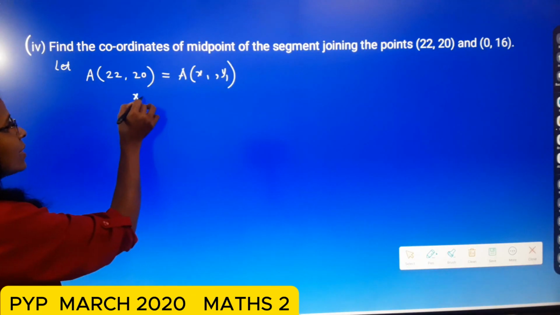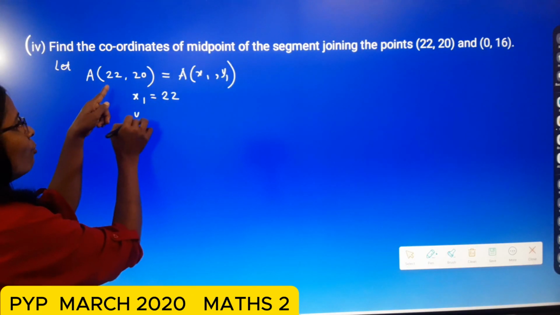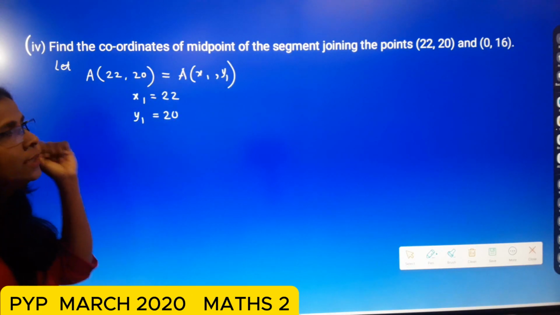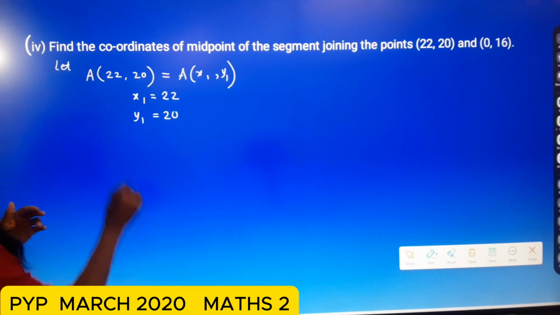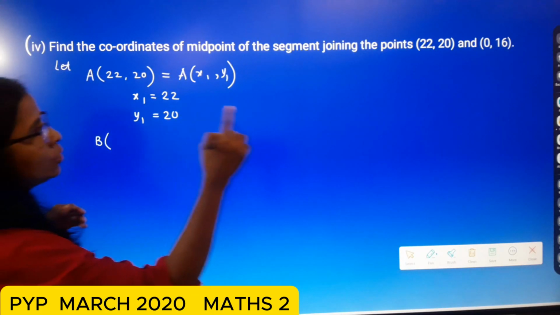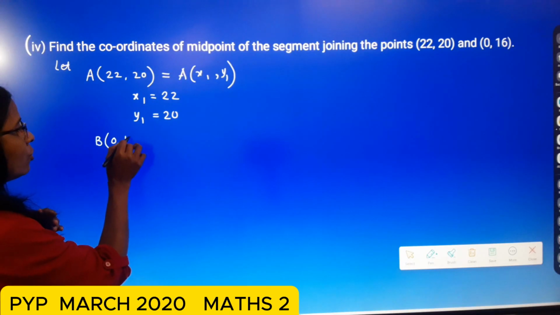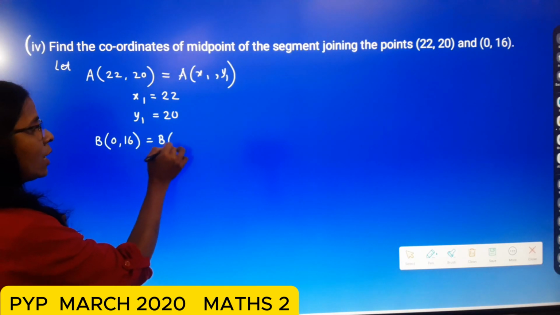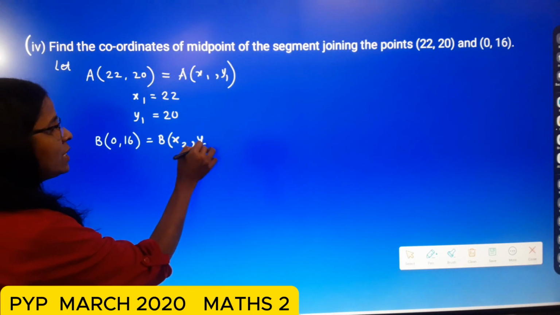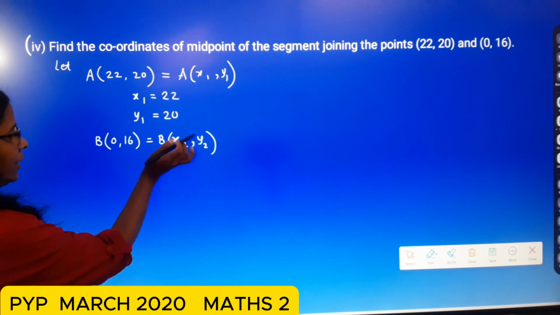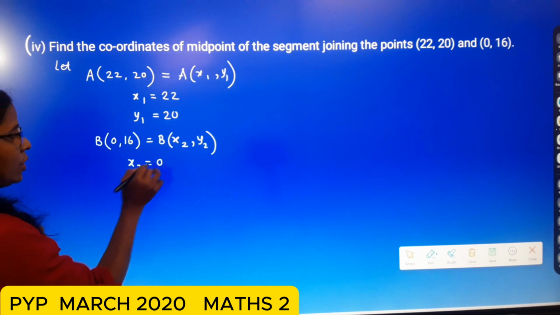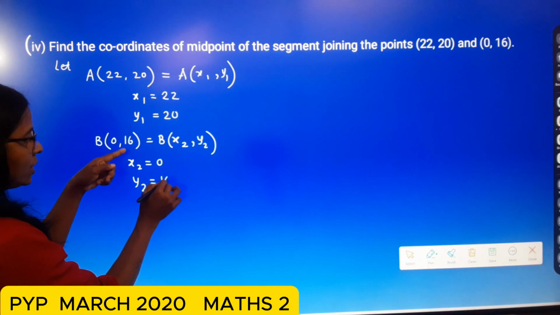That means x1 is equal to 22, y1 is equal to 20. The second point is B (0, 16), considered as B (x2, y2). So x2 is equal to 0 and y2 is equal to 16.